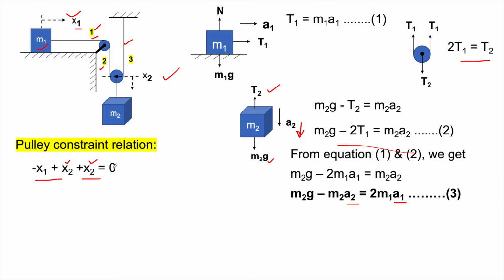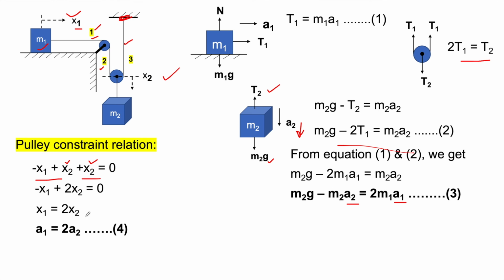This total change will be 0 because the rope is inextensible. There will be no movement from this end because this end is fixed. So we can write minus x1 plus 2x2 equals 0, or x1 equals 2x2.